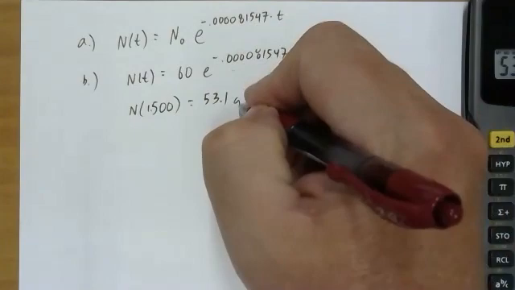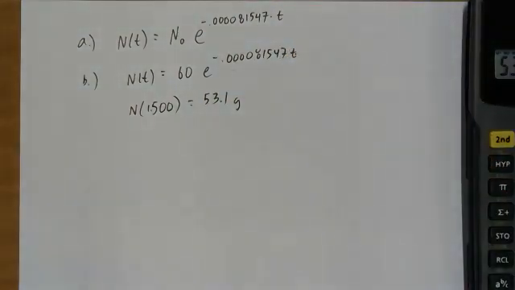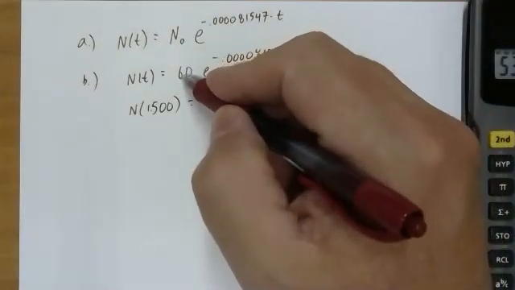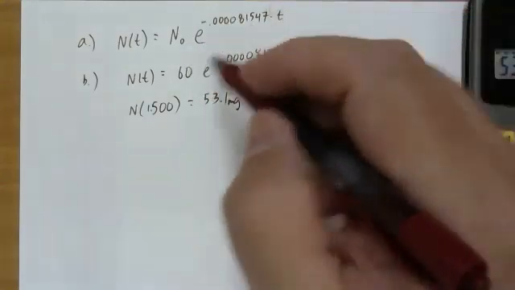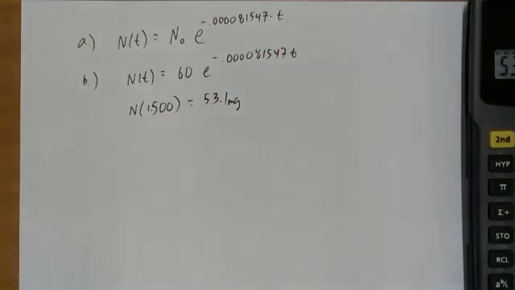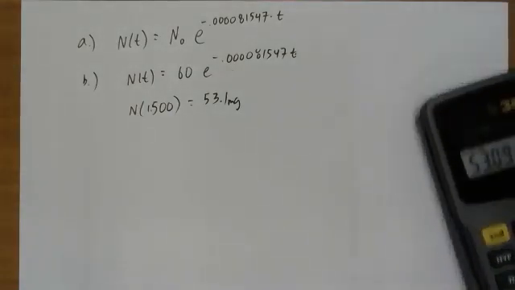Yeah, grams. Or milligrams. It's interesting, this value began at 60. We went 1500 years and it dropped this much. It's pretty slow. It's decaying, but it's pretty slow. It's not decaying very fast.